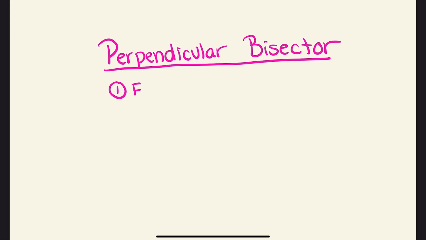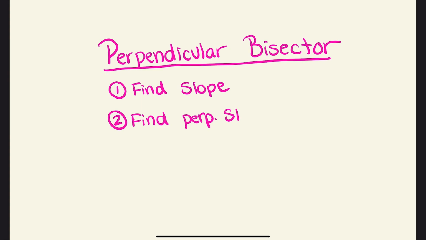You're going to find the slope of the original line, right? Then you are going to find a perpendicular slope using negative reciprocals. Then you are going to find the midpoint.